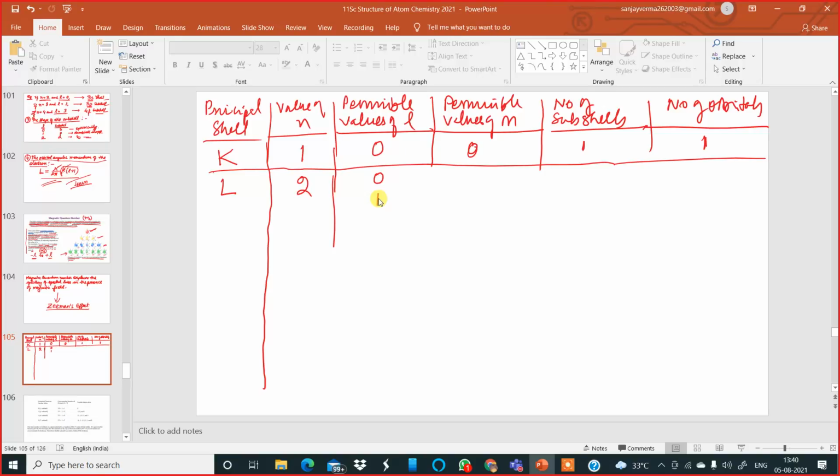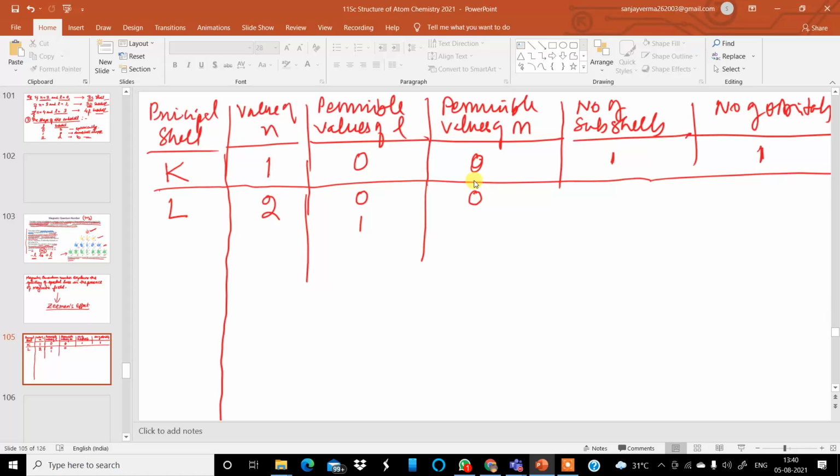For L equal to 0, the permissible value of M is 0 only. And for L equal to 1, the permissible values of M are three values, minus 1 to plus 1.